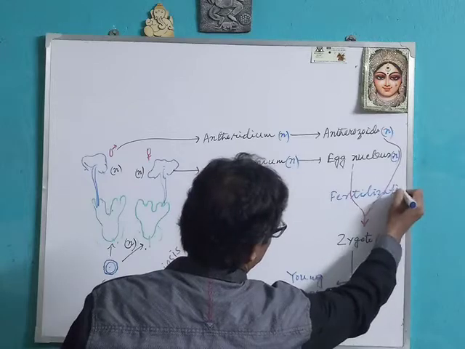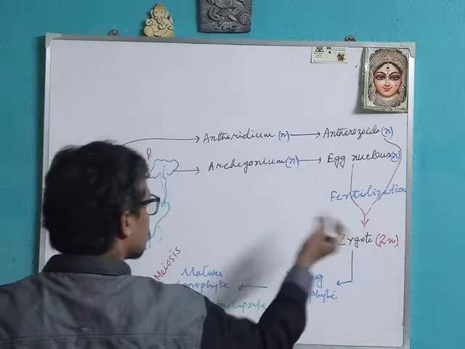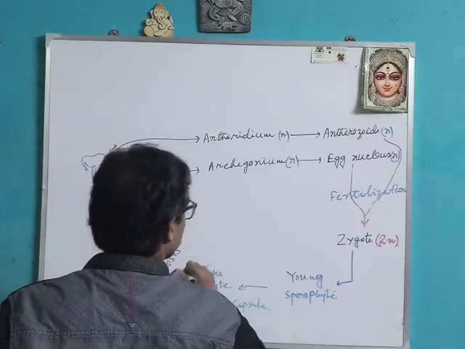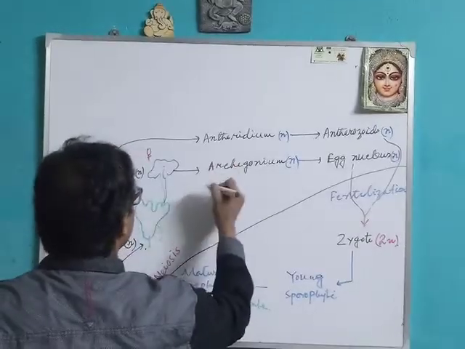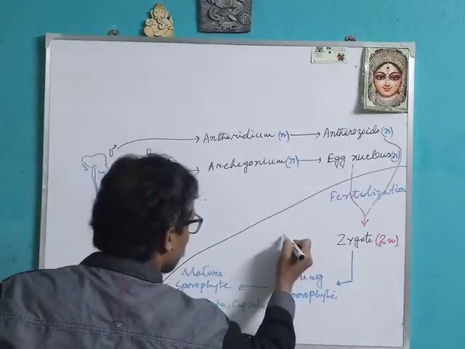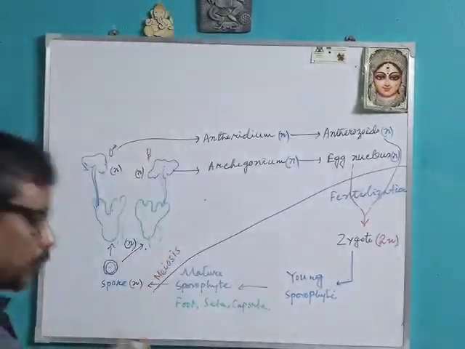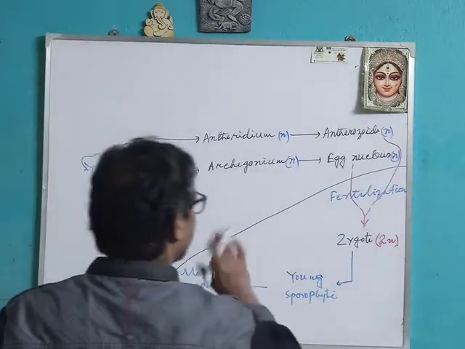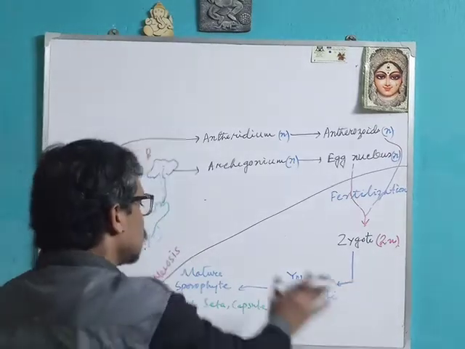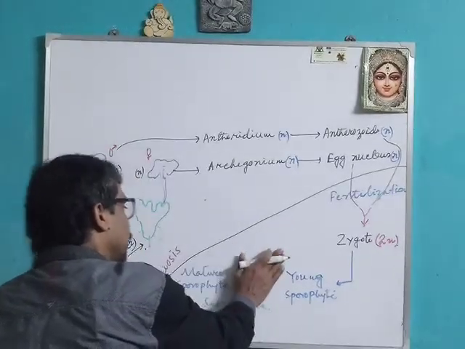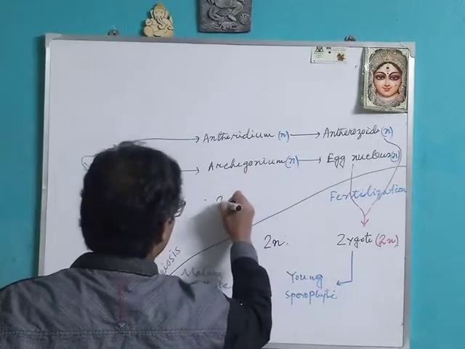Now see, if you consider this, from over here this is the haploid phase and this is the diploid phase. There is a clear distinction between the haploid and diploid phase, and definitely this diploid phase is dependent for food and nutrition on the haploid phase. So this is not an independent phase, this is the dependent phase, the diploid phase, and this one is the haploid phase.